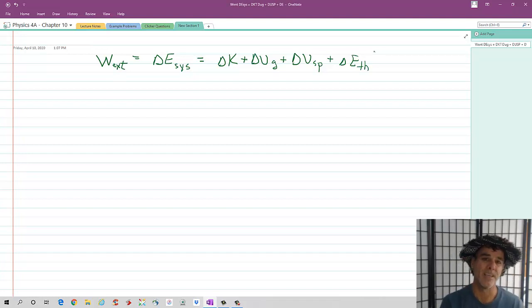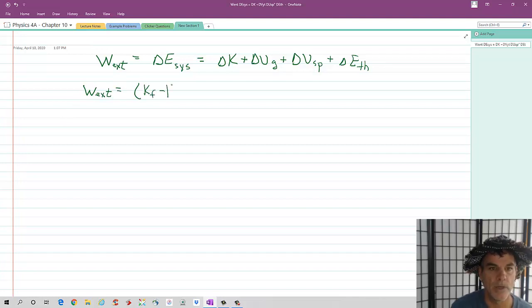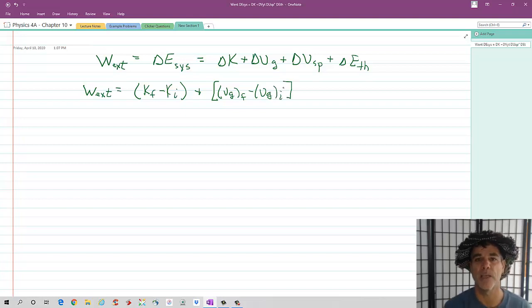So let's write this another way. This is the one big equation, but if I write it as the work done by external forces equals K final minus K initial, which is my change in kinetic energy, plus U_G final minus U_G initial, the change in my gravitational potential energy, plus U spring final minus U spring initial, the change in my elastic or spring potential energy, plus the change in thermal energy.